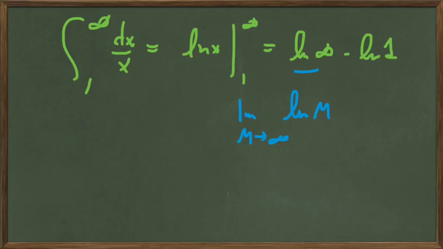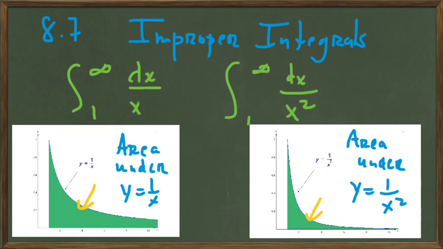But in either case, what we get here is that this is infinite. So this area right here is infinite. We have an infinite region, and we have an infinite area.